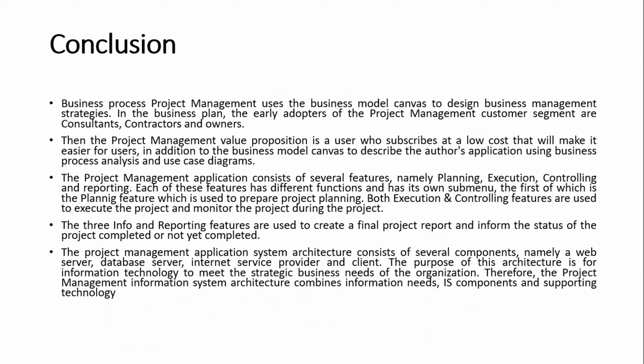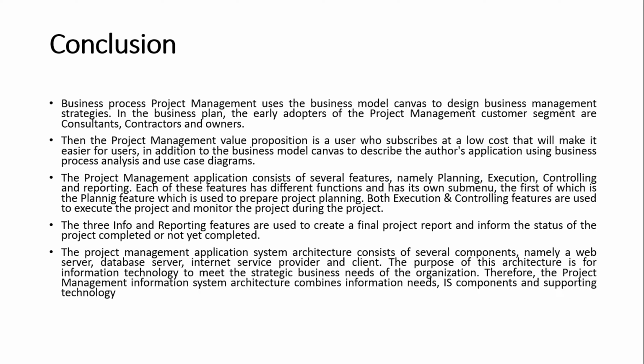In addition to the business model canvas, the application is described using business process analysis and use case diagrams. The project management application consists of several features, namely planning, execution, controlling, and reporting. The reporting feature is used to create the final project report and inform the status of the project, complete or not yet complete.